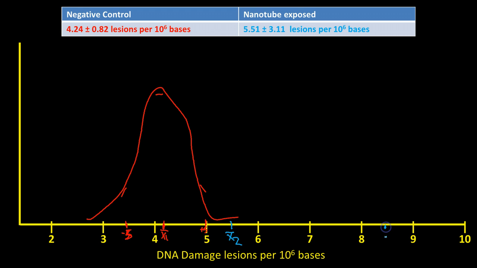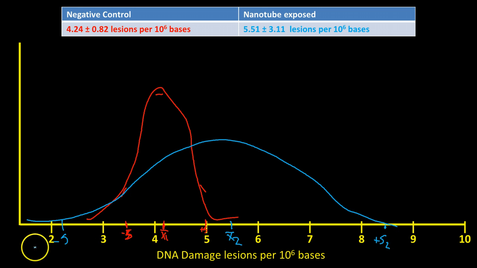So put it over here. And then the low extreme would be minus 3, so that would be around 2 point something, let's say. So if we drew that Gaussian, we get something like that. Looks a little bit better.